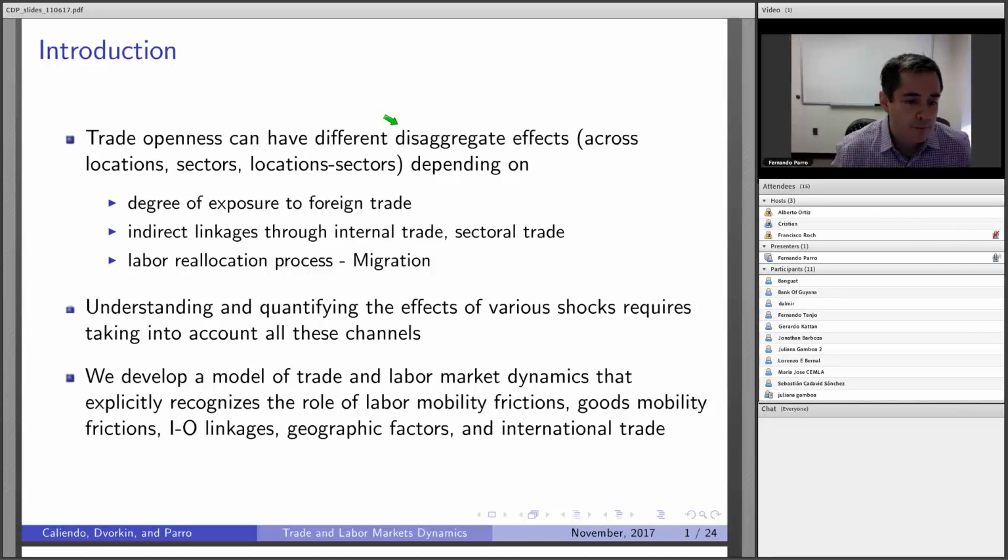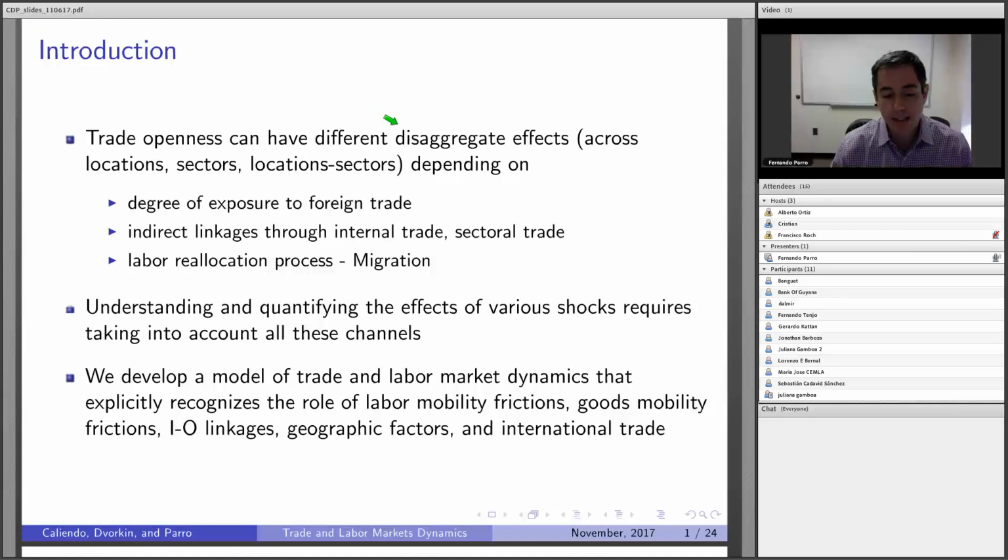And therefore, the labor market dynamics, the relocation process, more generally migration, also are going to matter. So therefore, understanding and quantifying the disaggregate effects of trade shocks requires taking into account all these channels I have mentioned.